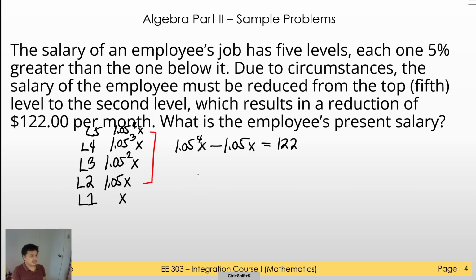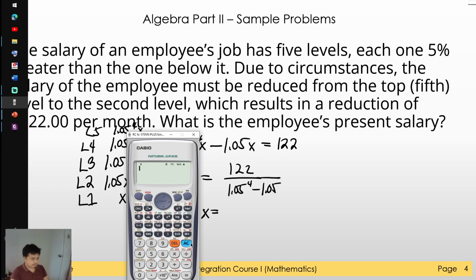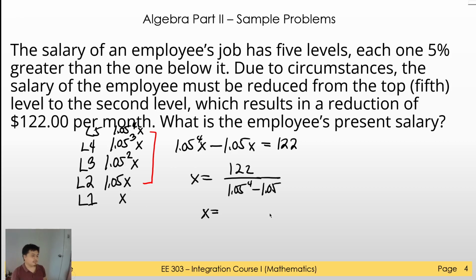So we can find x here. x is equal to 122 over 1.05 to the fourth minus 1.05. Solving this, we get 122 over 1.05 to the fourth minus 1.05, and we will get an answer of 737.13.